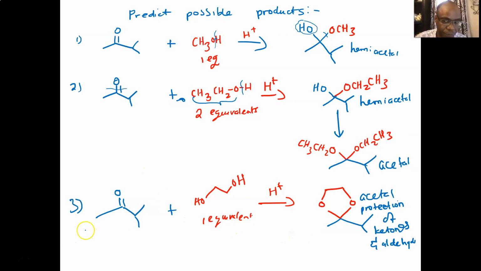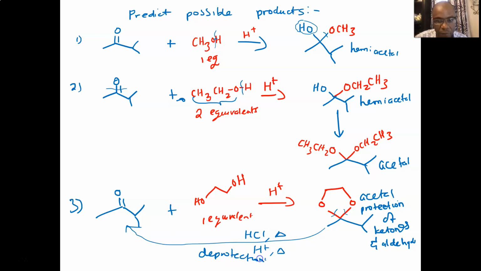Okay, if you want to break this out and go back to where you started, all you need is to add HCl and heat, or H plus and heat. It hydrolyzes the protecting group and deprotects it. So I'm just giving you a summary of some of the reactions we've done.